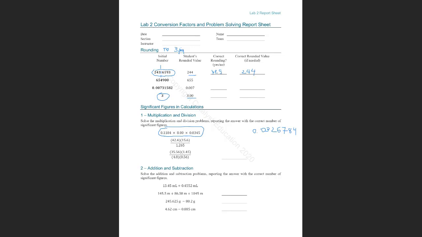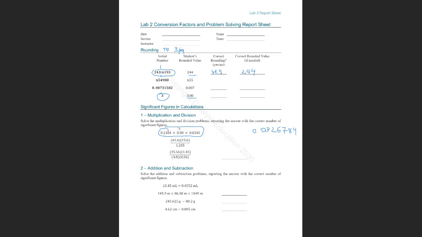Now tell me how many sig figs you need in your answer. In order to know that, you have to look at each of the 3 numbers. Let's look at the first one. How many sig figs has 0.1184? 4. Very good. How many sig figs has the second number, 8.00? 3.